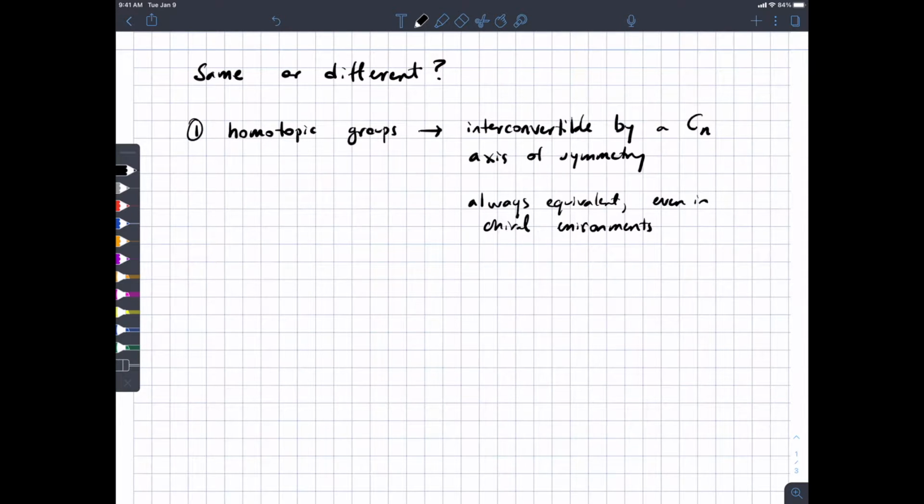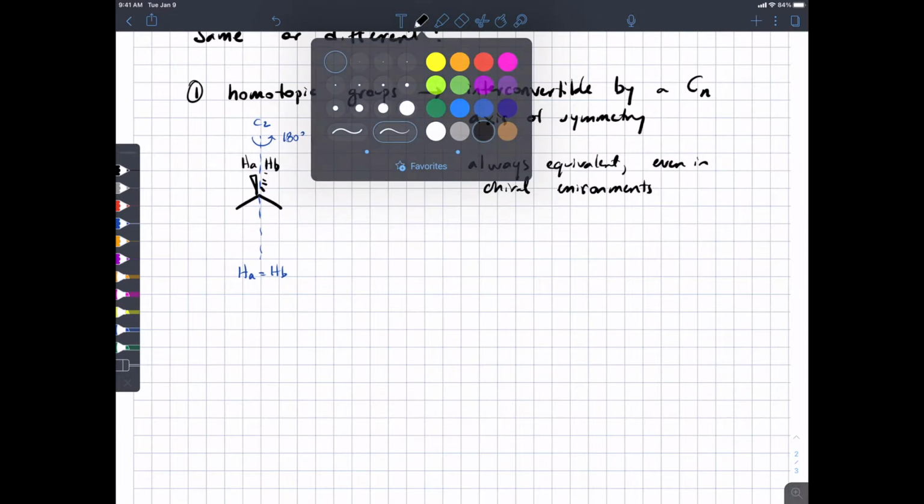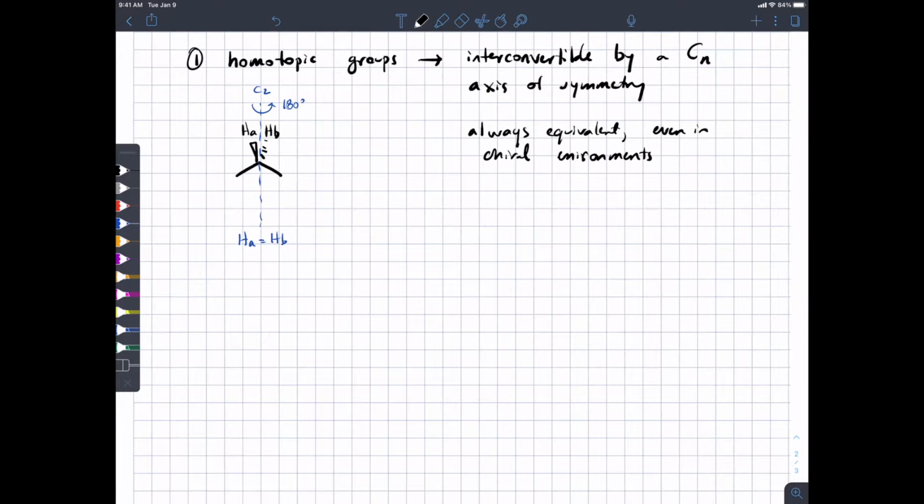So an example of this would be propane HA and HB. Those are exchangeable by a C2 axis of symmetry that I've drawn there. Rotate 180 degrees. HA is always equal to HB. Even if you put propane in a chiral environment, they're going to be the same. All right. Second, oh, and there's other, I guess, examples. Sorry.